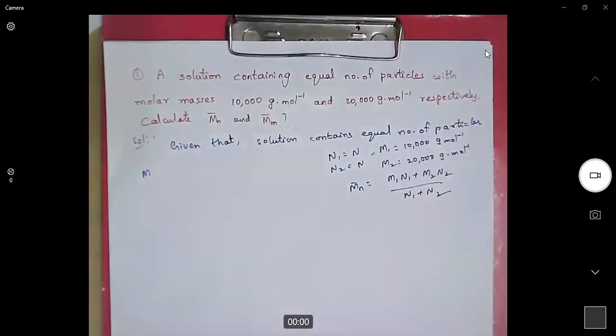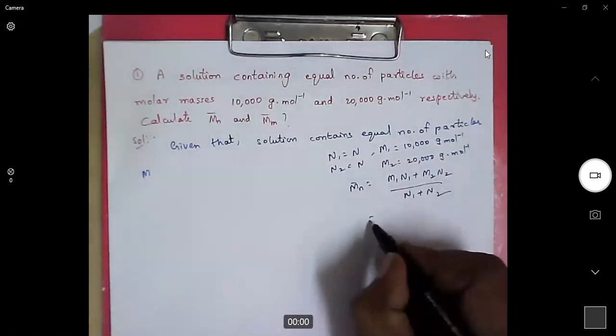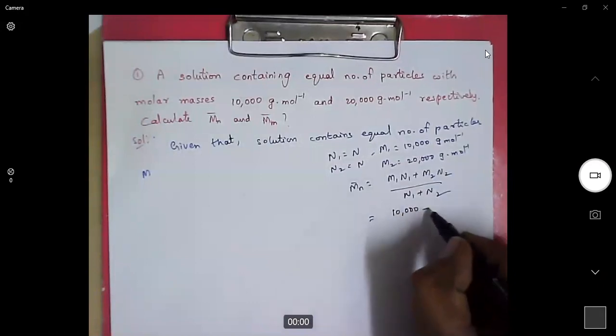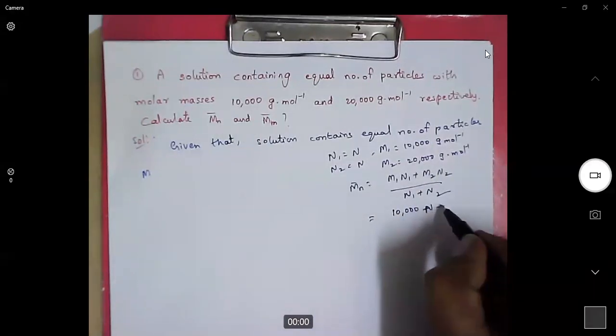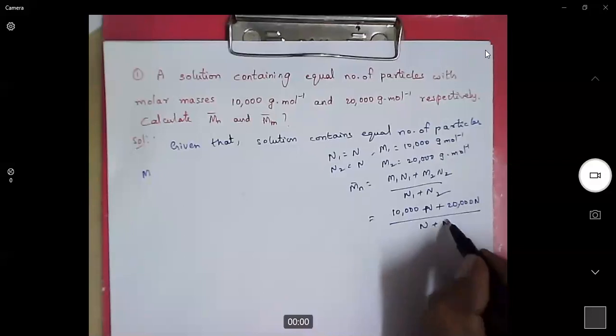Here we have only two different particles, so we are taking only two terms. M1 is 10,000 into N plus 20,000 N by N plus N.